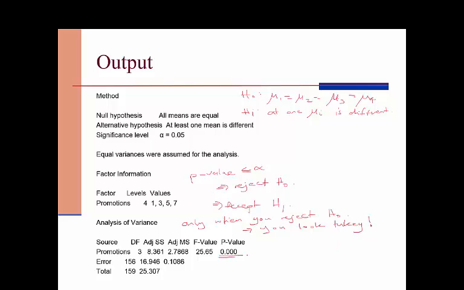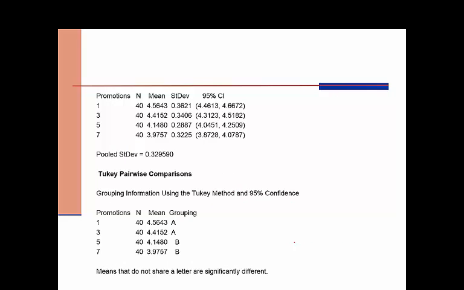Okay, because this just told you that at least one of the mu i is different. But that doesn't really solve the entire problem. We want to find out which one is different, and which one is more, and which one is less. Okay, so only when you have proved that at least one of them is different, then move on, scroll down to the next part. And if you scroll down, then you look at all of this output, and it has the Tukey pairwise comparisons.